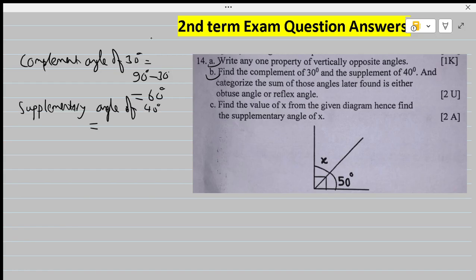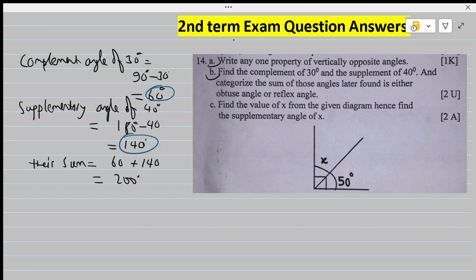So you get that by subtracting 40 from 180 degree, so that's 140 degree. And now which two angles have you formed as a result, right? So their sum we find. Their sum is equal to 60 degree plus 140 degree, that is 200 degree.